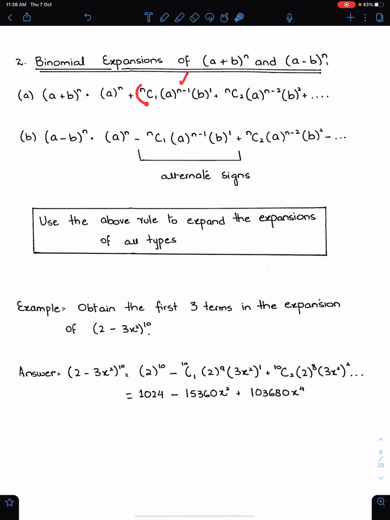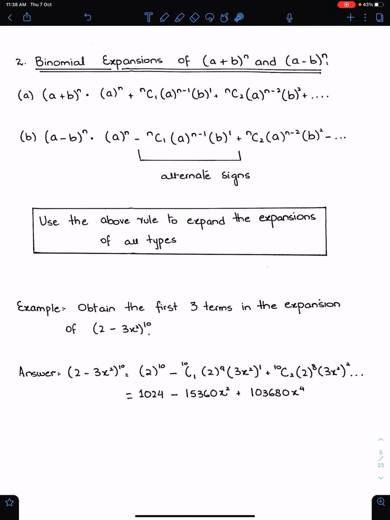The difference of these two numbers is the power of the first term. And then second term power 1, which is this number. This number is always the power of the second term, and the difference of these two is the power of first term. And see, the power of first term is decreasing, whereas the power of the second term is increasing.